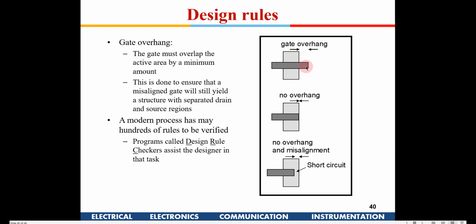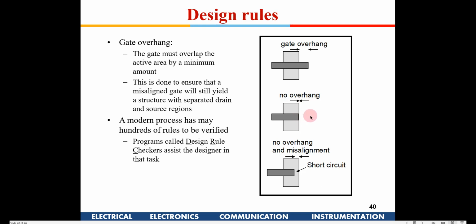So you have to put a gate here which is extending beyond the source region and the drain region, for the entire channel to be controlled properly by the electrostatics given to the gate region. You can't have a gate like this, coinciding with the edge of the channel here.